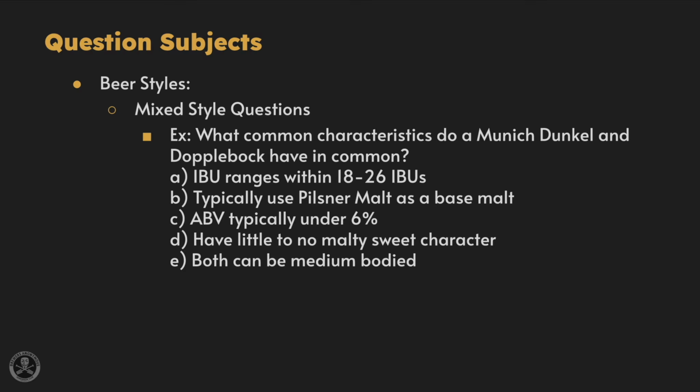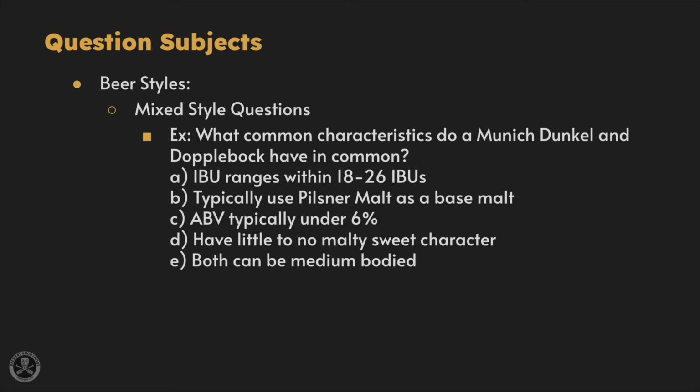An example of the mixed style questions. What characteristics do a Munich Dunkel and Doppelbock have in common? And our choices are A. IBU range within 18 to 26 IBUs. B. Typically use Pilsner malt as a base malt. C. ABV typically under 6%. D. Have little to no melanoidin sweet character. E. Both can be medium-bodied.